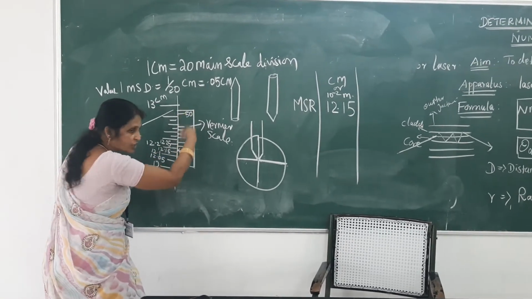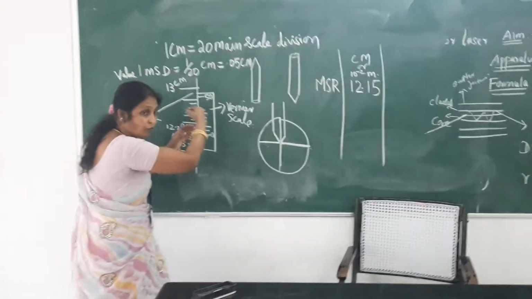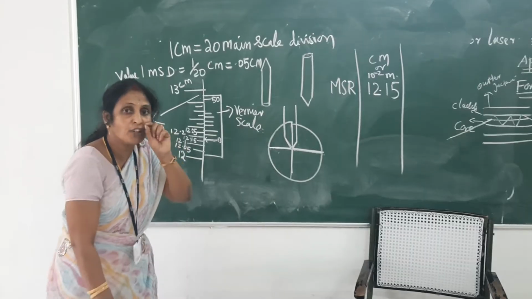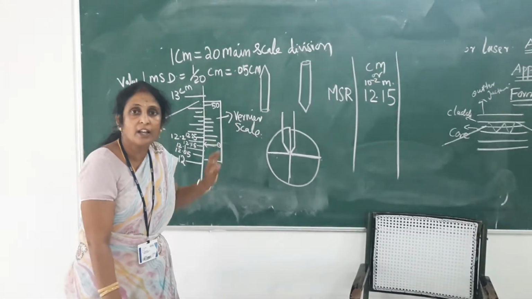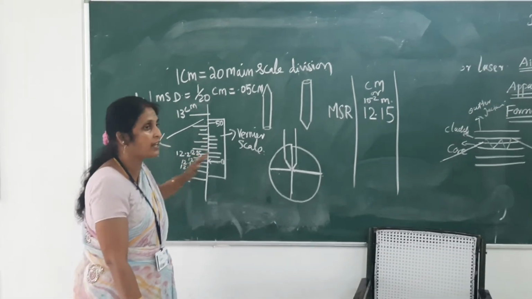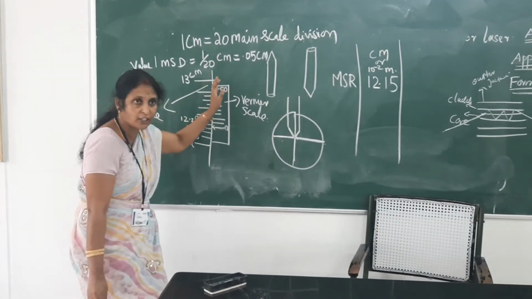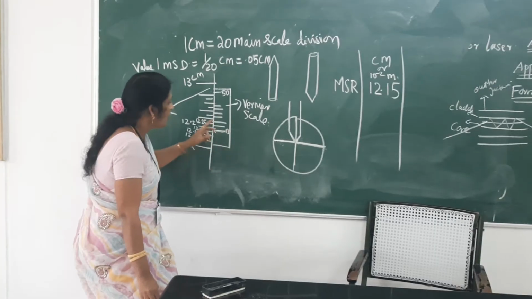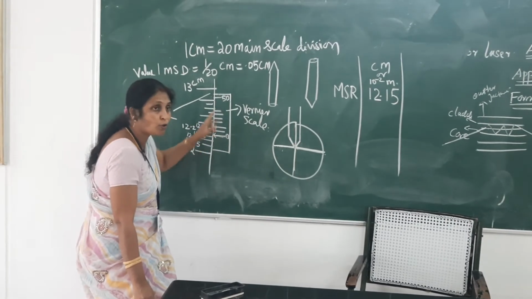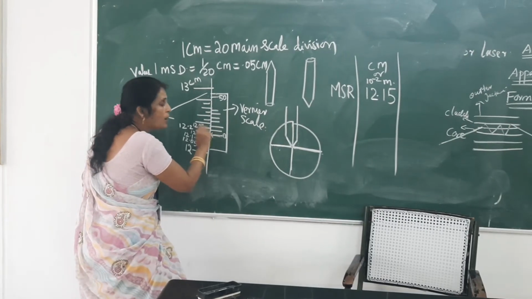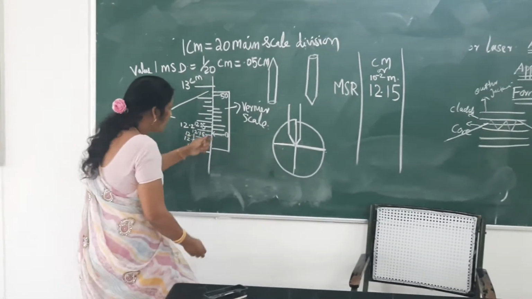Among the 50 divisions, 1, 2, 3, 4, 5 like that, 50 divisions are there. Leave the 50th division. Definitely if the 50th division is coinciding, it will go to the next reading in the main scale. So leave the 50th division of the Vernier scale. Among 0 to 49 divisions, any one of the divisions will coincide with the main scale reading, that you have to see with the lens.